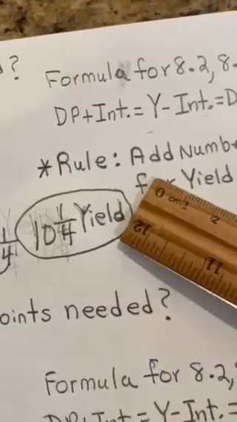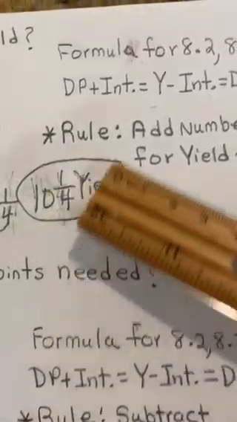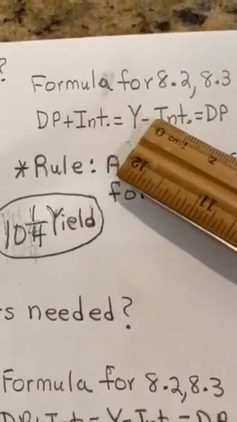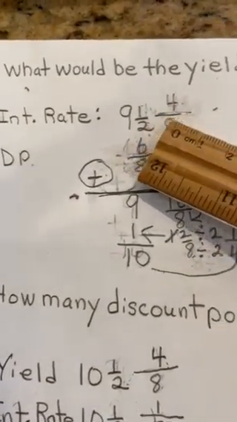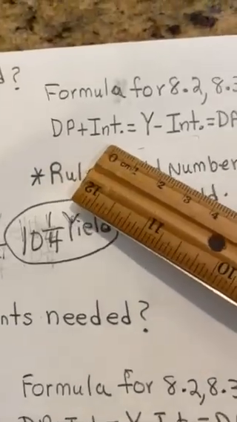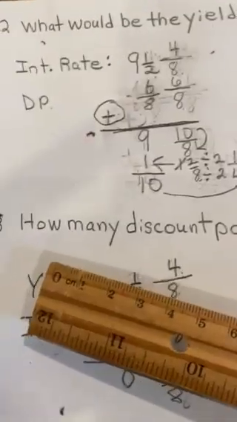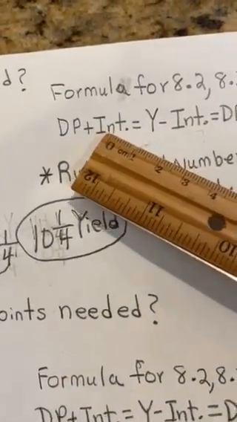Now let's do the formulas for these 8s. The formula for the question, what would be the yield? You memorize this formula and you would have for both of them: how many discount points needed and also what would be the yield.